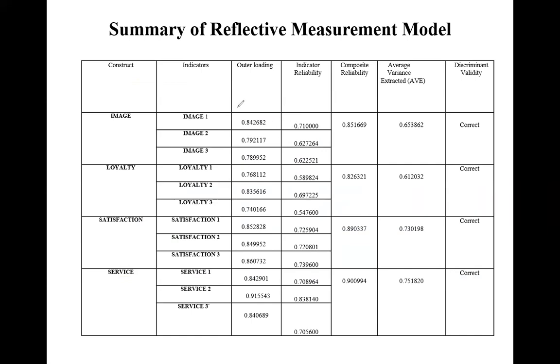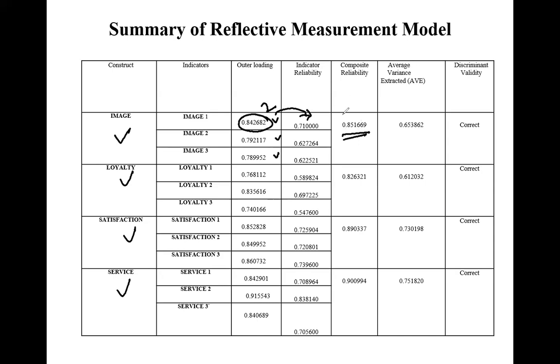Like image, वो देखिए there are 4 reflective measurement models: image, loyalty, satisfaction and service. Image has 3 questions: the outer loading of all the indicators, then indicator reliability. When you square this value you will get indicator reliability, and composite reliability we will get directly from the output.